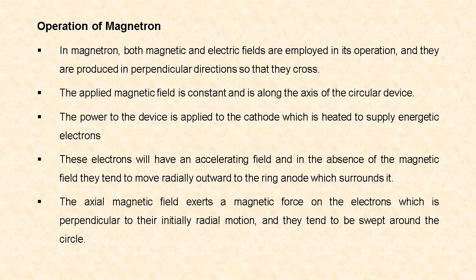In the presence of a magnetic field, a magnetic force is exerted on the electrons which is perpendicular to their initial radial motion, and this force tends to sweep the electrons around the circle. In this way, work is done on the electrons and therefore energy from the power supply is given to them.